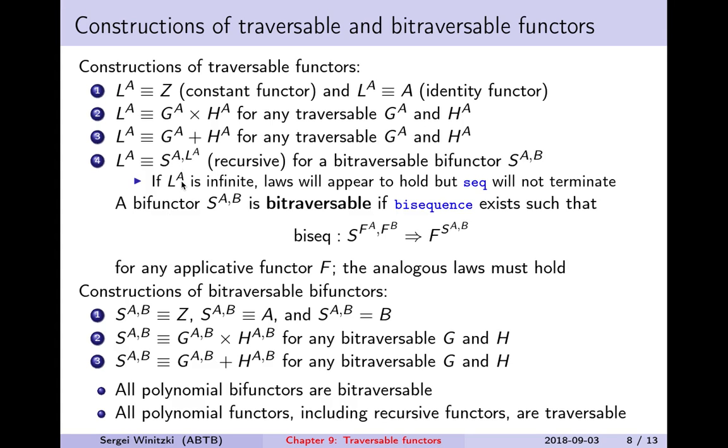Now, before I do that, let me explain what is a bitraversable and bifunctor. So a bifunctor is a type constructor with two type parameters, which is a functor in both of them. So it has a map with respect to each of them separately.